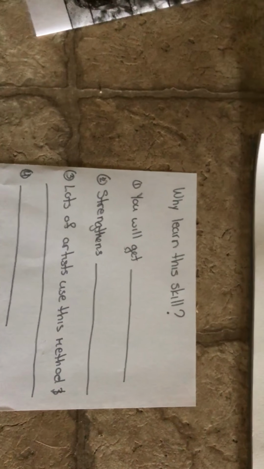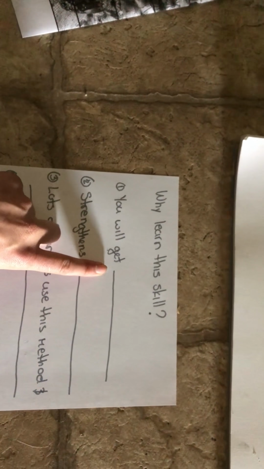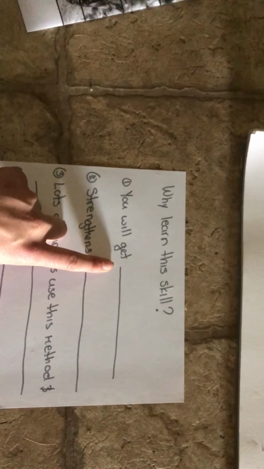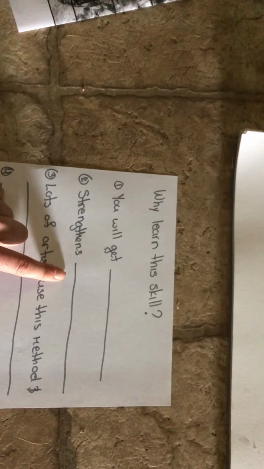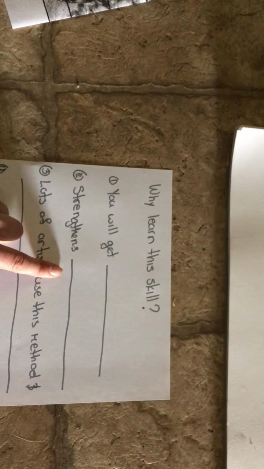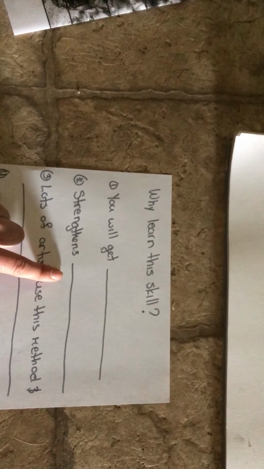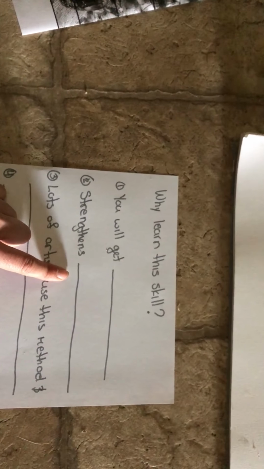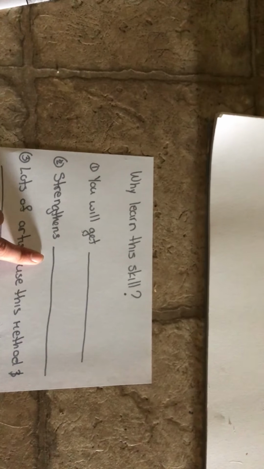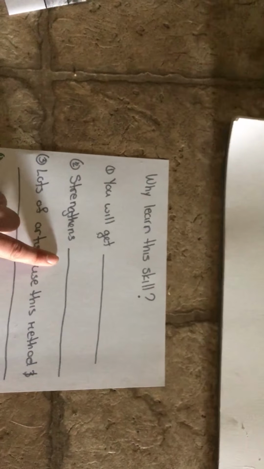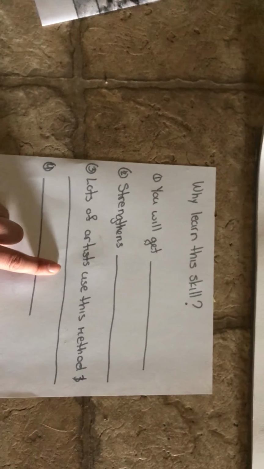Why learn this skill? Number 1, you will get accurate results that you can really be proud of. This will build your confidence. 2, it strengthens your spatial thinking skills. So if you sit down to draw a portrait of somebody that you enjoy, even though you can't put a grid on real life, you will have practice focusing on edges and lines and copying them down exactly as you see them. 3, lots of artists use this method.